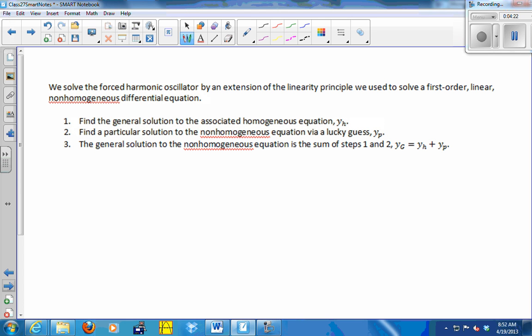Step 1: find a general solution to the associated homogeneous equation. Step 2: find a particular solution to the non-homogeneous equation via a lucky guess in the method of undetermined coefficients. Step 3: add step 1 and step 2 together to get the general solution.